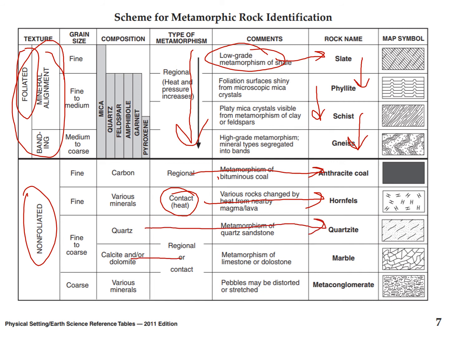If it's limestone, you might call it marble. If it's conglomerate, you might call it metaconglomerate. Hornfels would be just for contact metamorphism, so there's obviously multiple names you can call it. Contact metamorphism, yes, it's hornfels, but it would also be able to be called whatever it would be under the other scheme. So sandstone to quartzite, limestone to marble, coal to anthracite coal. So this gives you the whole scheme for it.